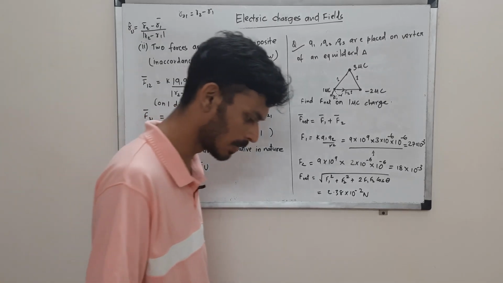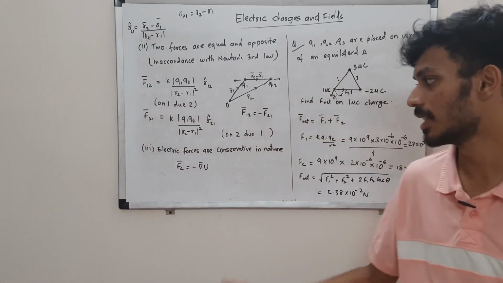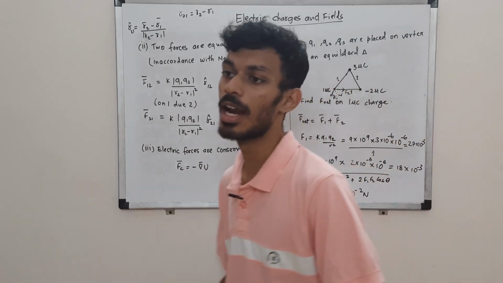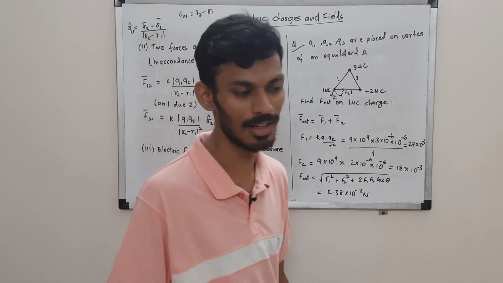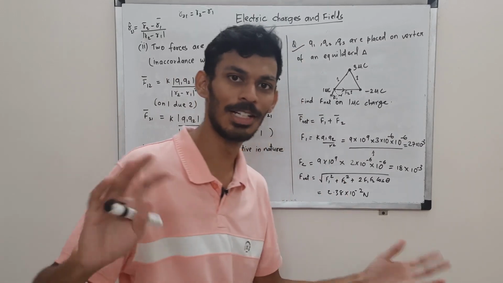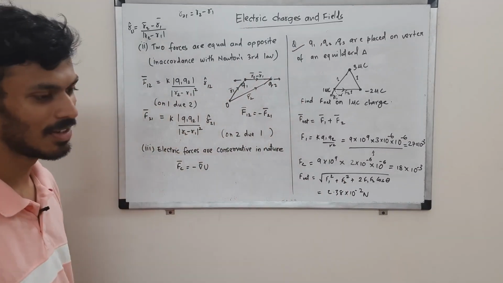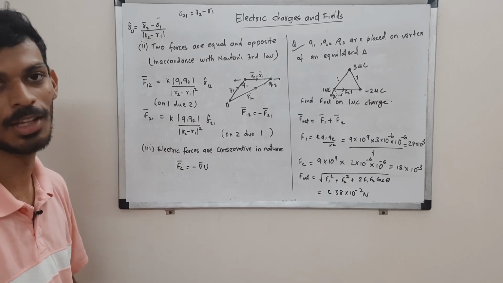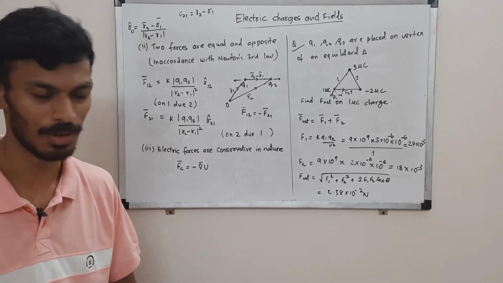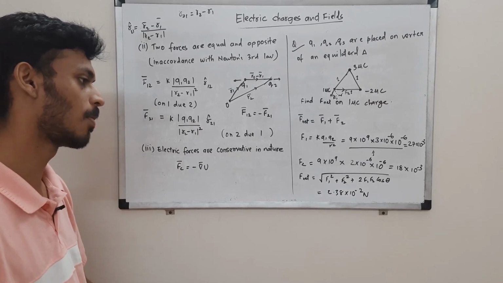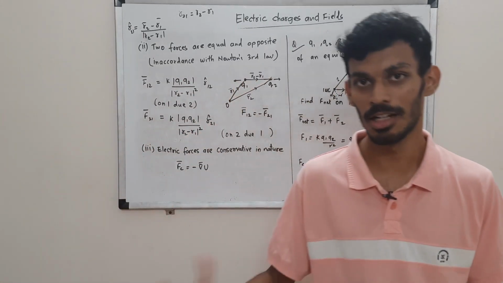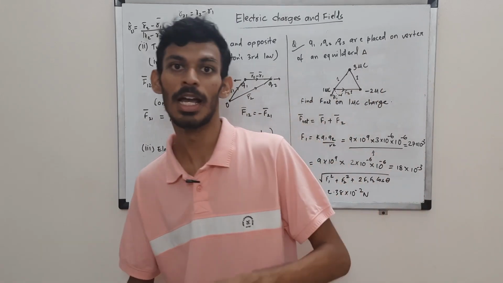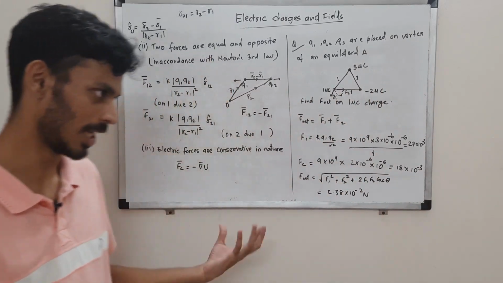Now finally, the last property is that these electric forces are conservative. Conservative forces is a topic in 11th standard. I hope you remember tidbits of it. In short, it is path independent. That is one major property, and the conservative force can be expressed as the negative gradient of potential energy.